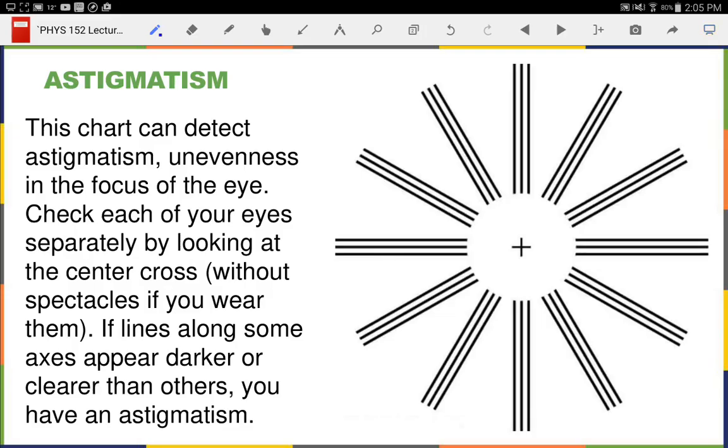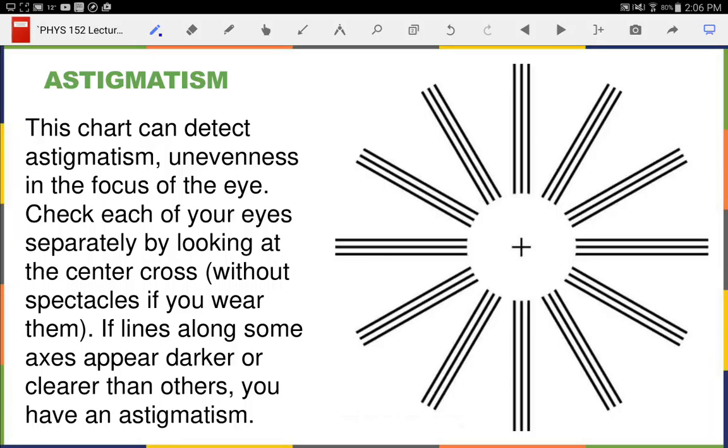Presbyopia is a problem with the lens instead of the cornea. Right? The 2 that we talked about, hyperopia and myopia, were problems with the cornea or the length of the eyeball. But presbyopia is with the lens. What does the lens of the eye do? Accommodation allows you to vary the focus.